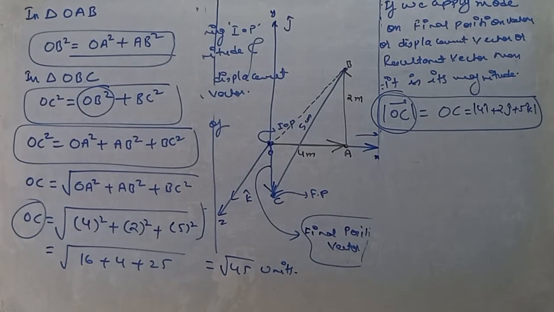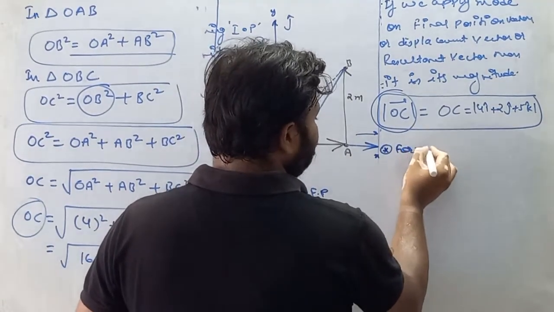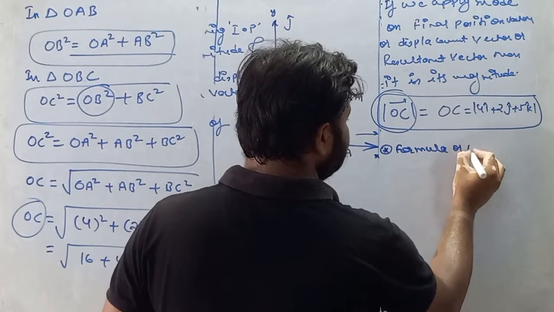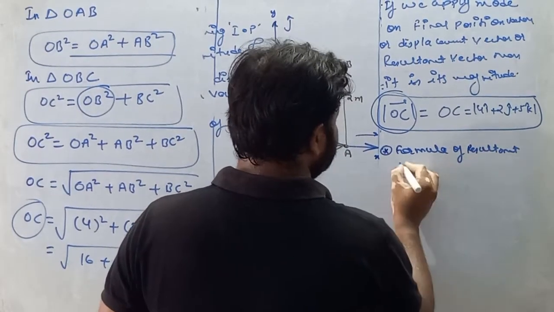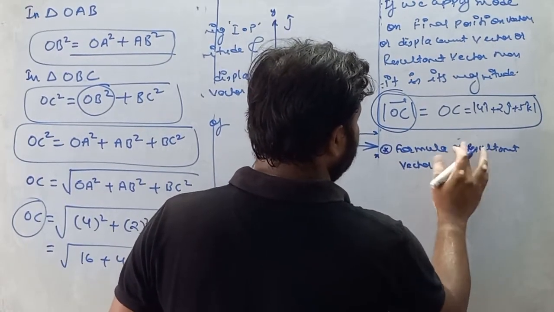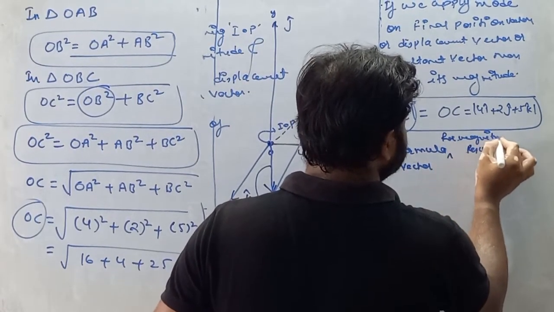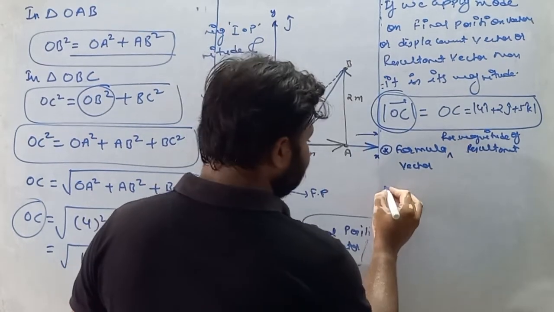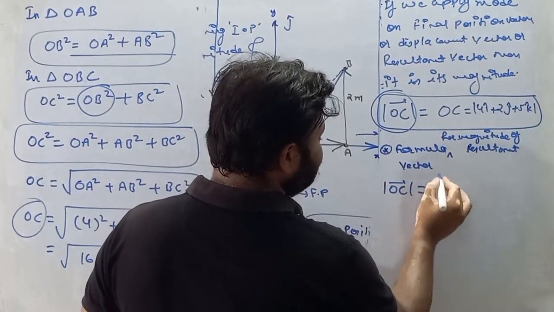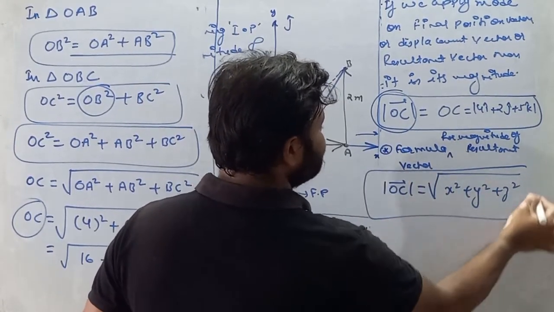The formula for finding the magnitude of the resultant vector is under root x square plus y square plus z square.